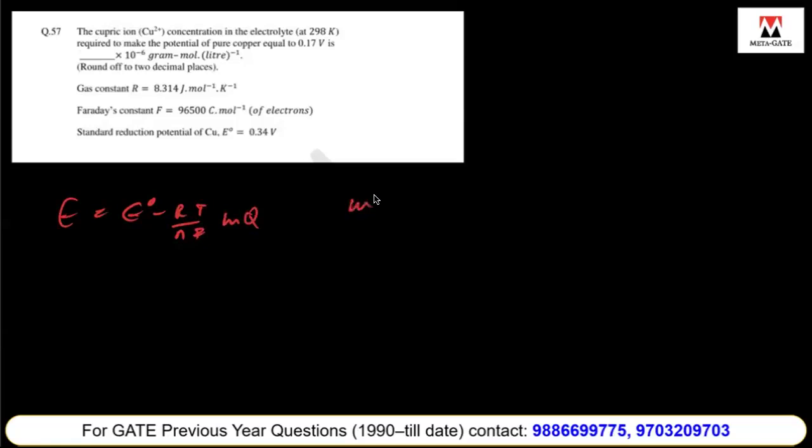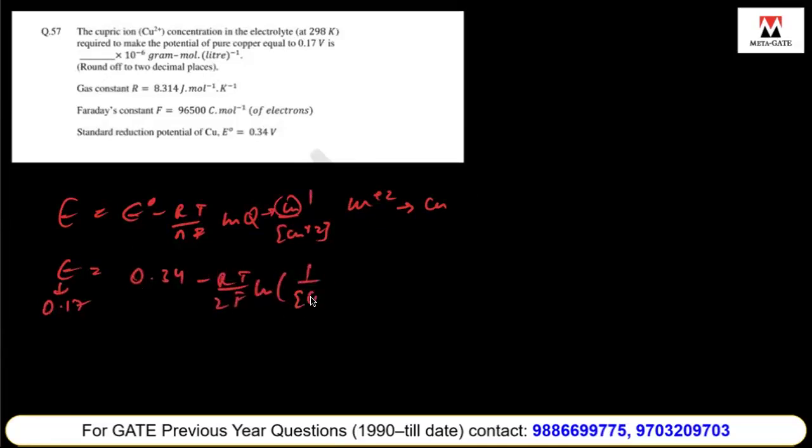So, here Cu plus 2 is converting to Cu, and the cupric ion concentration in the electrolyte is required to make pure copper. So Q is Cu by Cu plus 2. The activity can be considered as 1. So E is equal to the standard reduction potential 0.34, and this is given as 0.17, minus RT by 2F ln 1 by copper concentration.